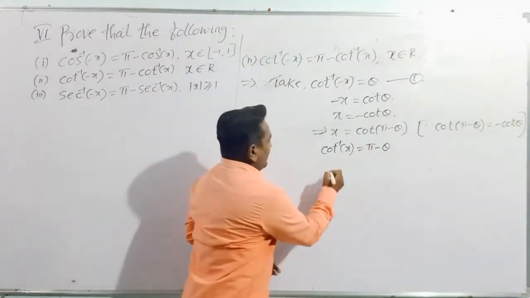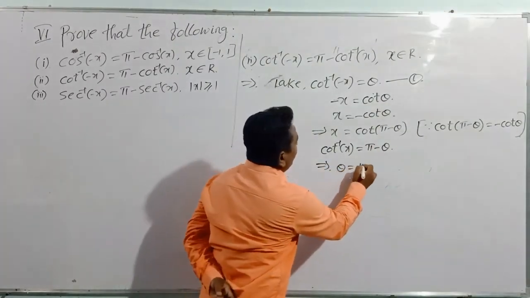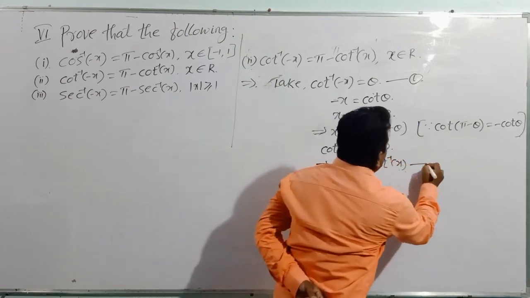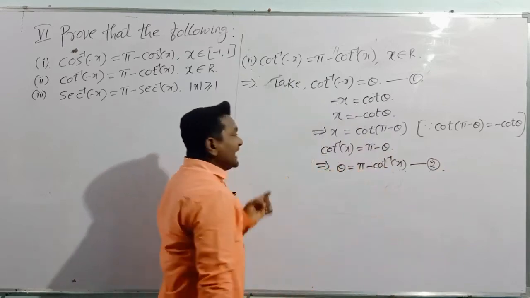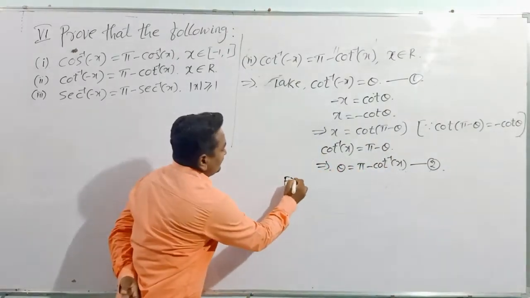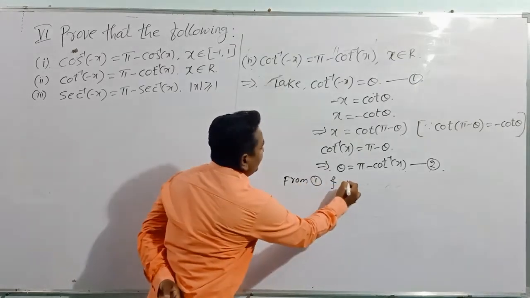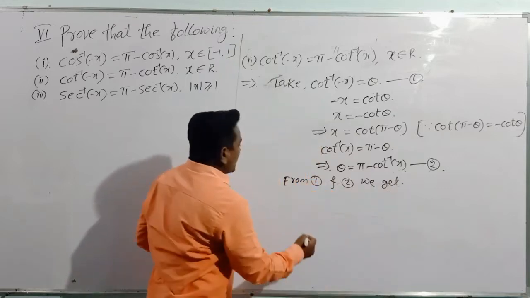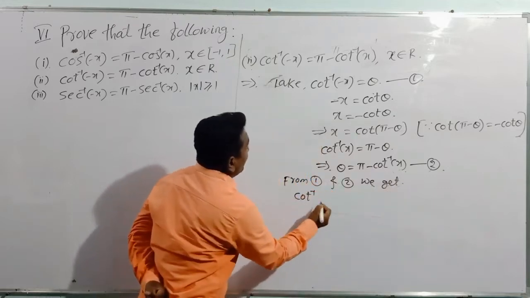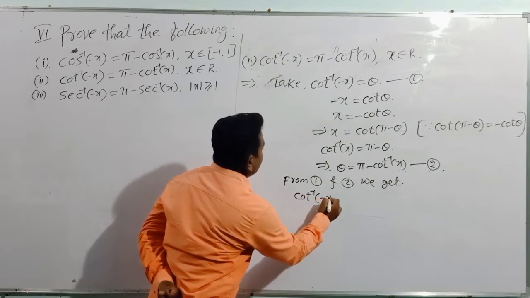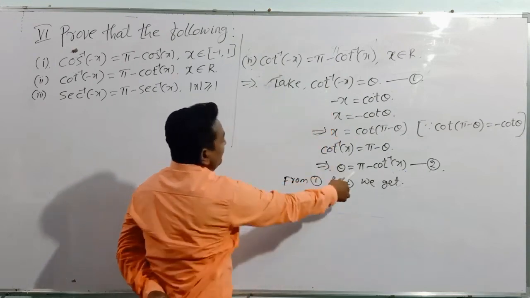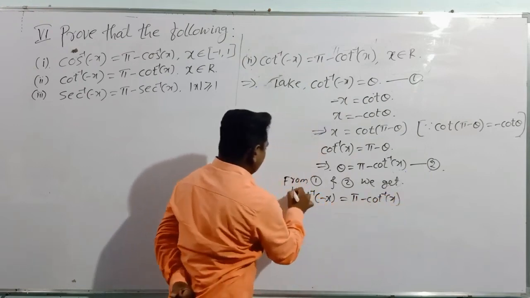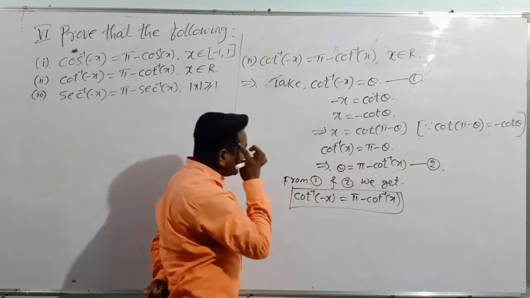This implies theta equals pi minus cot inverse x. Take it as equation number 2. From 1 and 2 we get cot inverse of minus x equals pi minus cot inverse x. Hence the proof of the second property.